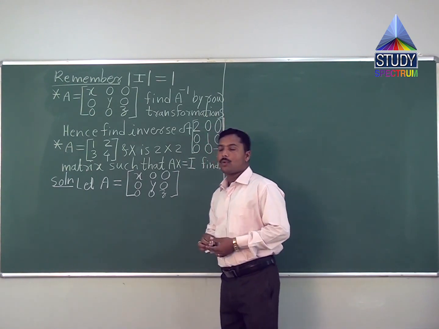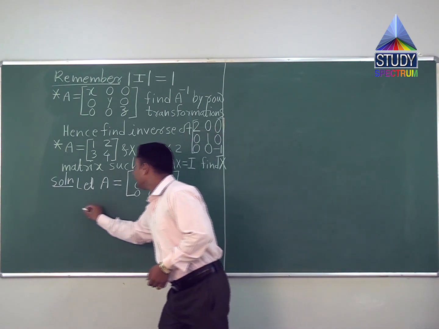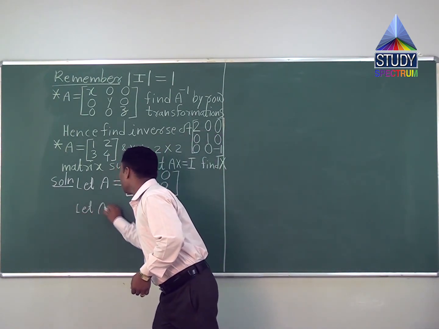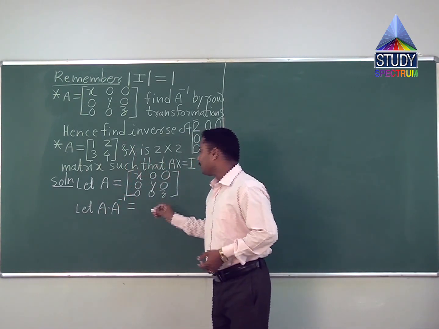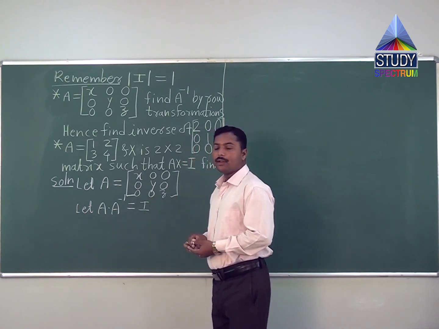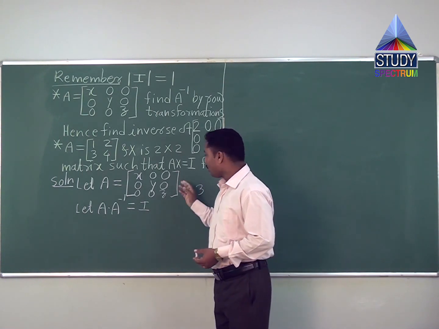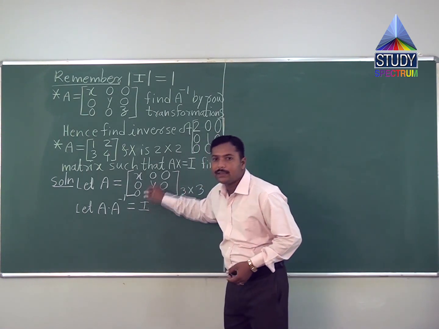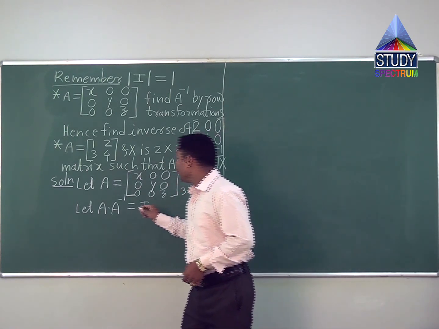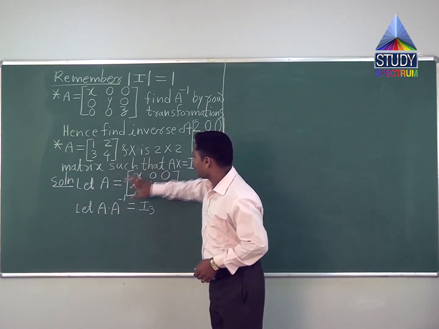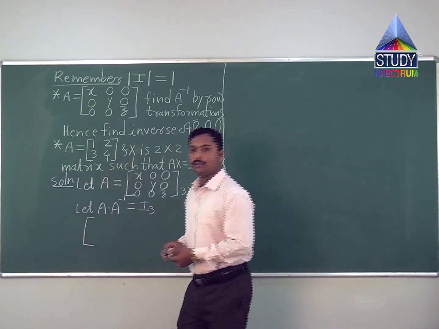What is our procedure for finding A inverse by row transformation? Let A into A inverse equal I, the identity matrix. Here A is a 3 by 3 matrix, a third order matrix, so this I is also the identity matrix of third order. So we put this A here.